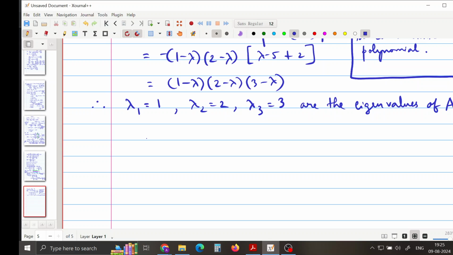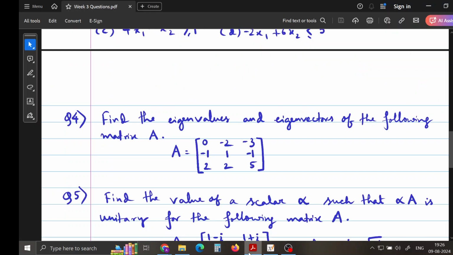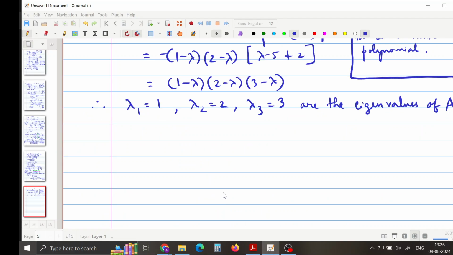Now another thing that we have to do is find the eigenvectors as well. These three eigenvalues will have eigenvectors corresponding to them, so we have to find three eigenvectors.